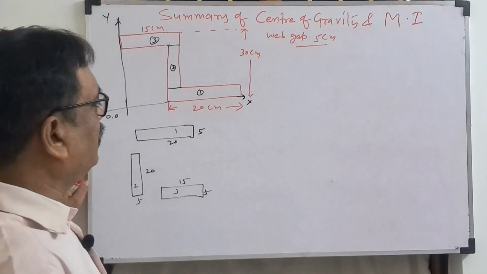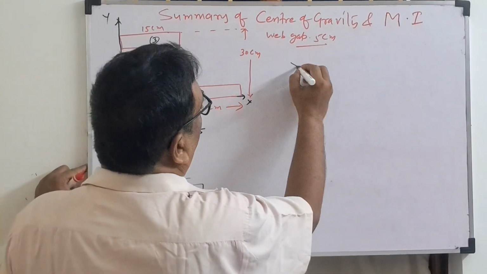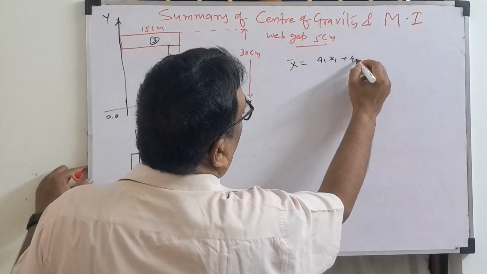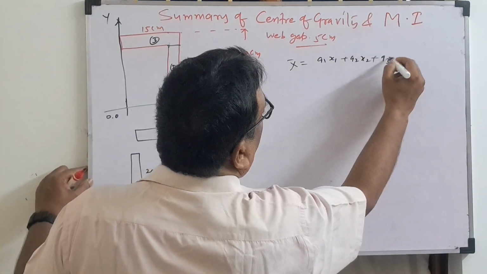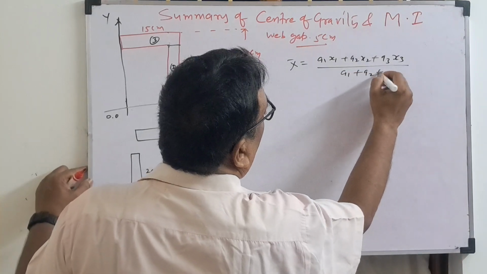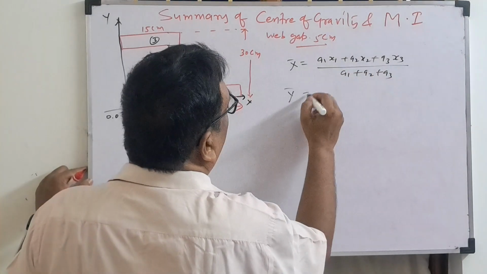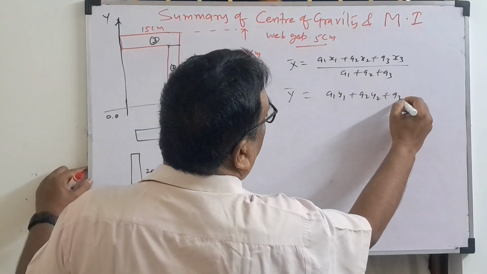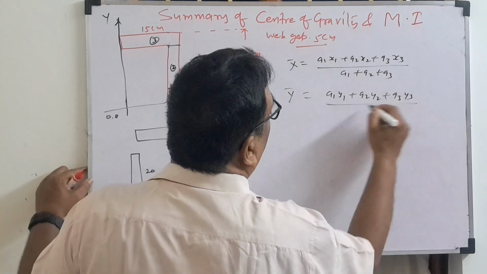Now what is the formula for the center of gravity? X bar is equal to, as 3 sections are there, A1 x1 plus A2 x2 plus A3 x3, divided by total area, A1 plus A2 plus A3. Y bar is A1 y1 plus A2 y2 plus A3 y3 divided by total area.